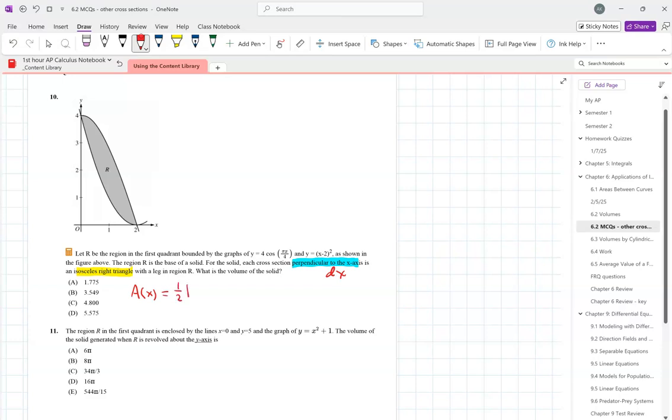So normally a triangle's area is base times height, right? But if it's an isosceles right triangle, the base and the height are just the same thing. Everybody's okay there? So this is really just going to be 1/2 leg squared.